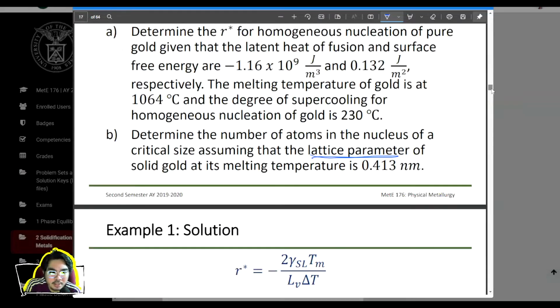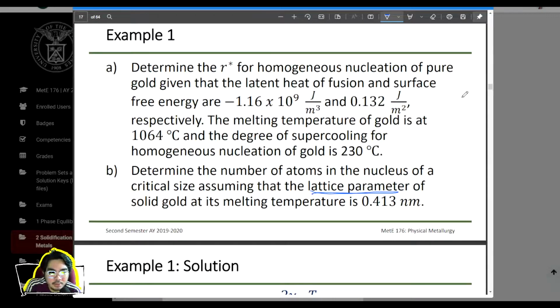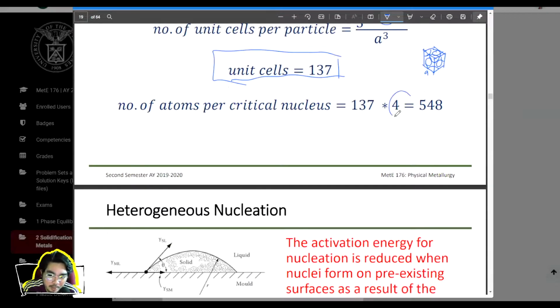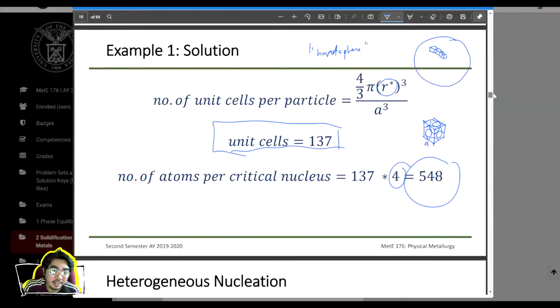This is FCC. You need to know kung FCC siya or BCC, no? Pero, if you know the structure kung BCC or FCC, then you know the number of atoms per unit cell. Multiply mo lang, and in this case, it's 4. So 4 times 137, yun yung number of atoms contained in the critical nucleus.